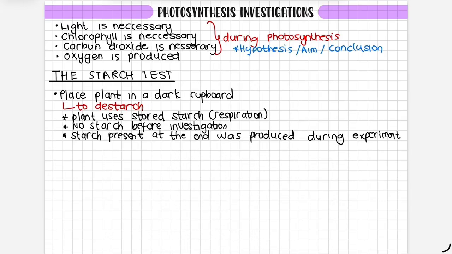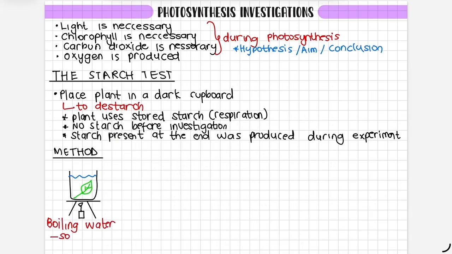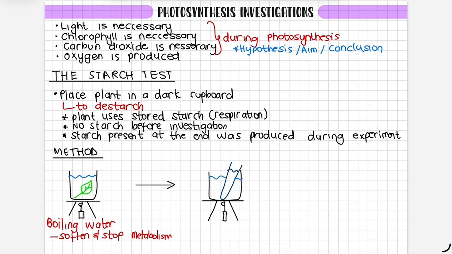Now, the method to follow when you do the starch test: you need a Bunsen burner and a beaker with water. You place your leaf in boiling water. You do this to soften the leaf and also stop metabolism. You're going to then put your leaf in a test tube with ethanol and put it back in the Bunsen burner.